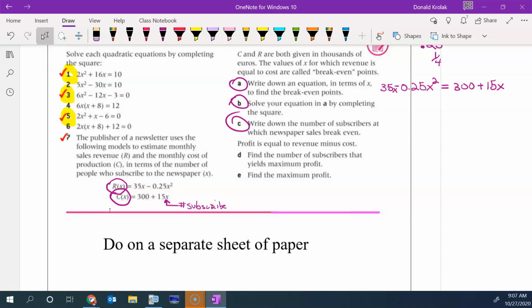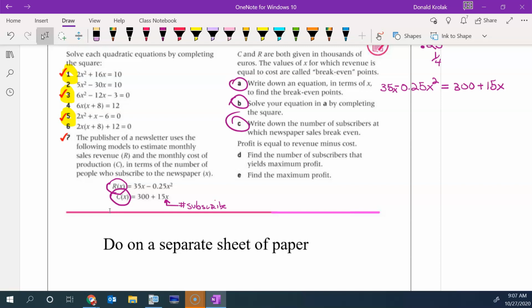Okay, so you did that. You have 30 plus or minus 10 root 3. 20 and 60 root 3. 20 or 60.